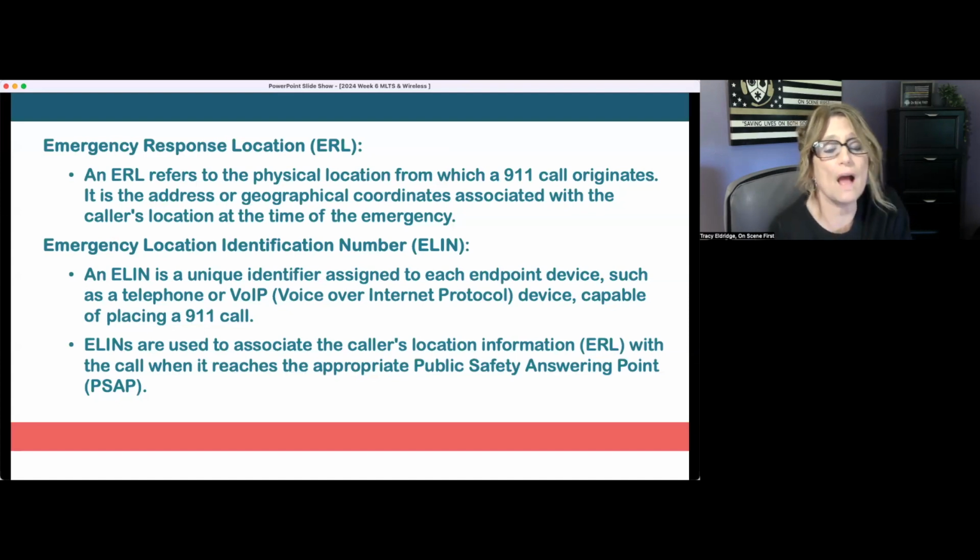So an ELIN is a unique identifier assigned to each endpoint device, such as a telephone or VoIP device capable of placing a 911 call. ELINs are used to associate the caller's location information, the ERL, with the call when it reaches the appropriate public safety answering point. So if I had a phone on my desk right here, and the phone number was 555-555-1234.